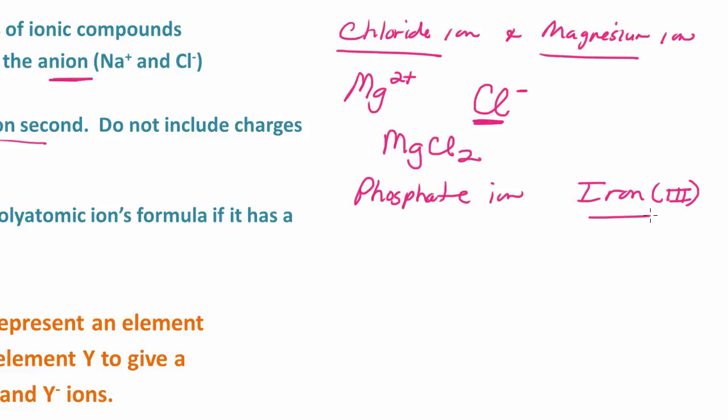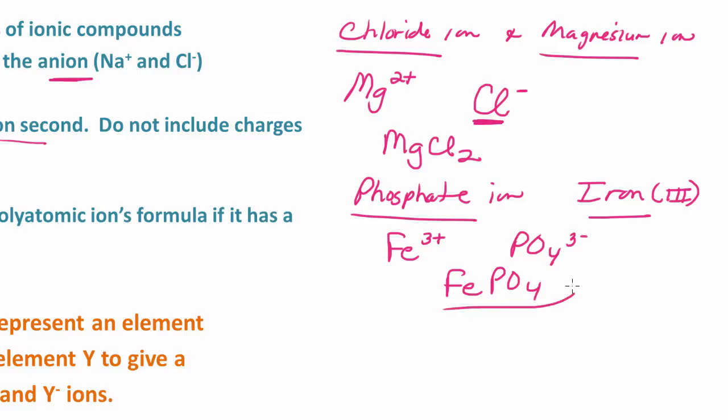So the cation would be the iron 3, and the phosphate ion is the anion. So iron 3 has a +3 charge, and then we write the formula for phosphate like so. Notice that the charges have the same magnitude. Both are of 3. So all we need to do is just write the formula like so.